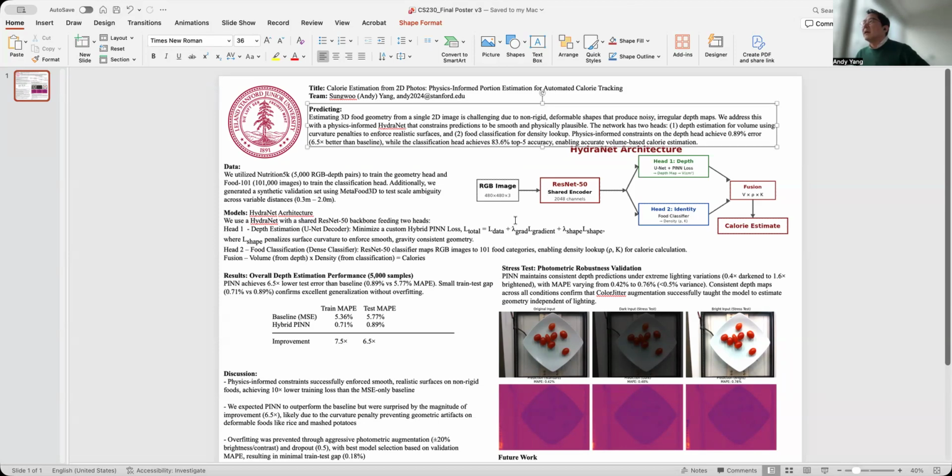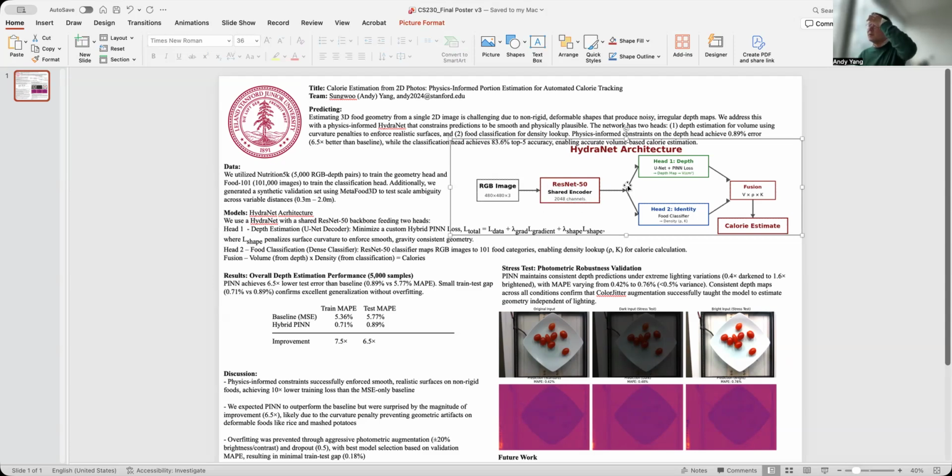Here is the diagram that gives the overall structure of this model. The RGB image is a 5,000 sample that is publicly available, created by Google Lab, and those are different kinds of food that took a picture in a lab kind of environment. Using those data, I set up ResNet 50 as an encoder.